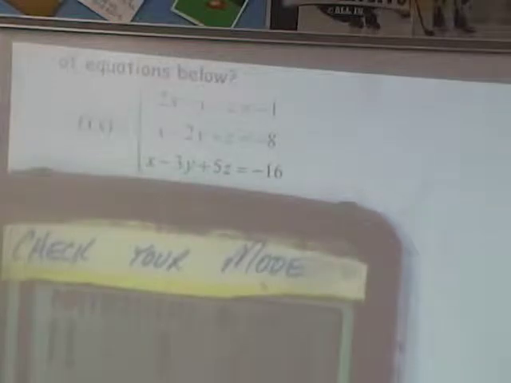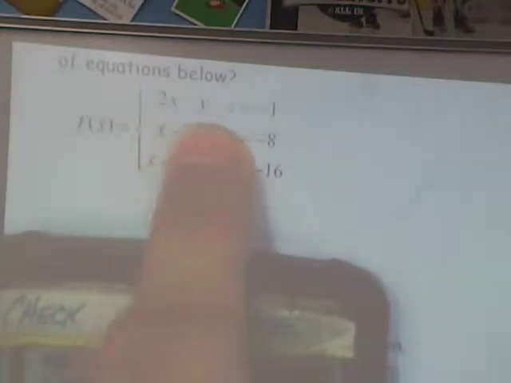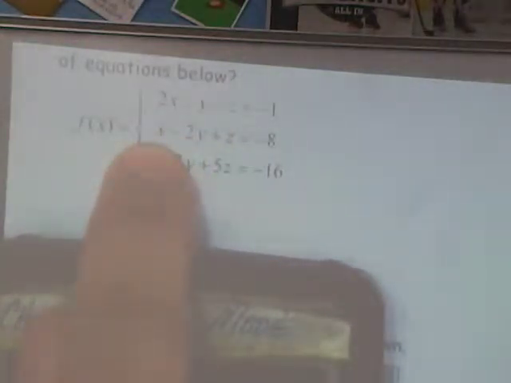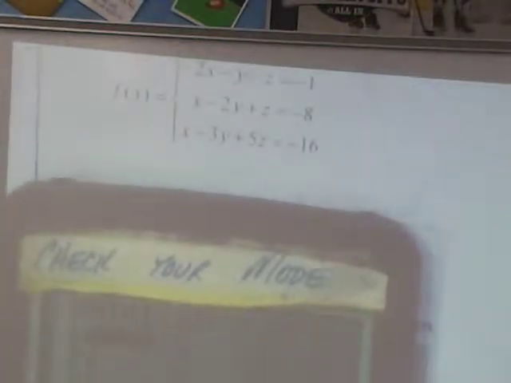And we want a 3 by 3. What you're going to enter in here is the coefficients. So 2, -1, -1, 1, -2, 1, and 1, -3, 5.